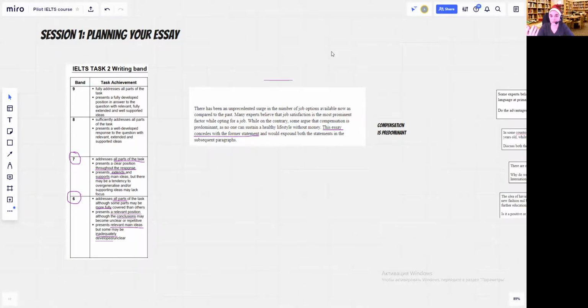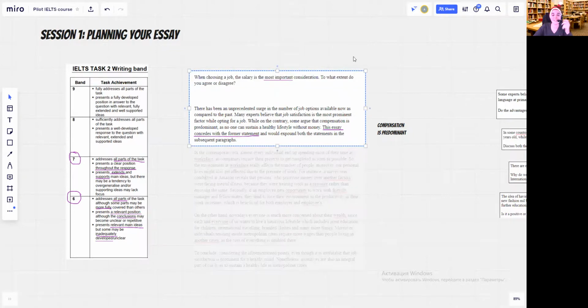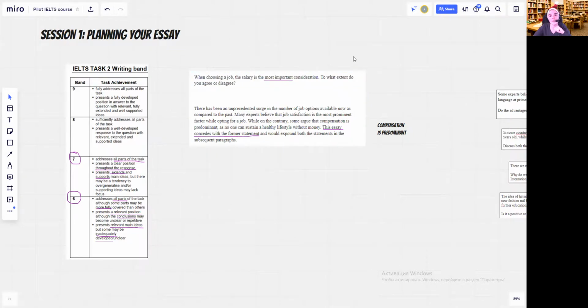And the author agrees with that. They say, yeah, this essay concedes with the former statement that no one can sustain healthy lifestyle without money. So money is most important. But again, satisfaction versus compensation is just not what the task asks, I'm afraid.